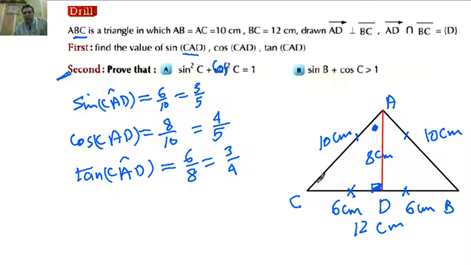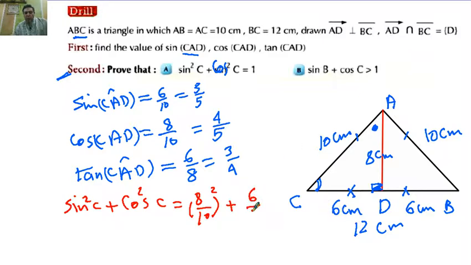Angle C, sine squared C plus cosine squared C equals sine angle C, opposite over hypotenuse, 8 over 10 squared, plus cosine angle C, adjacent over hypotenuse, 6 over 10 squared.